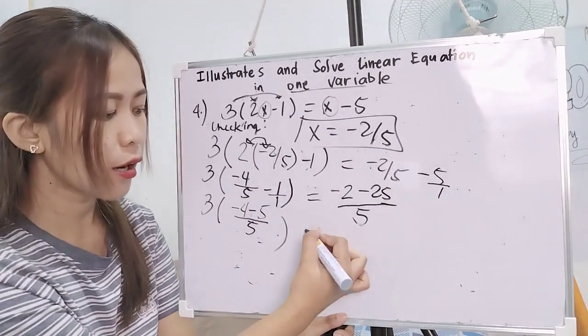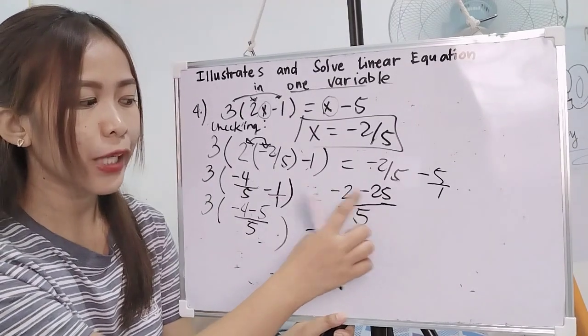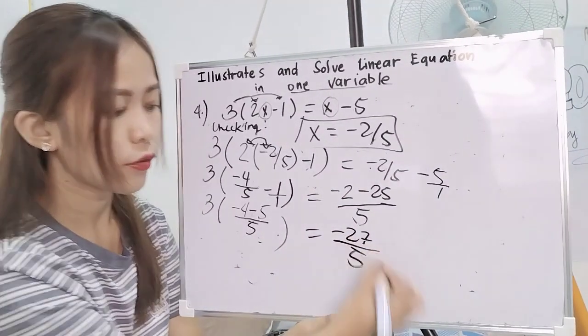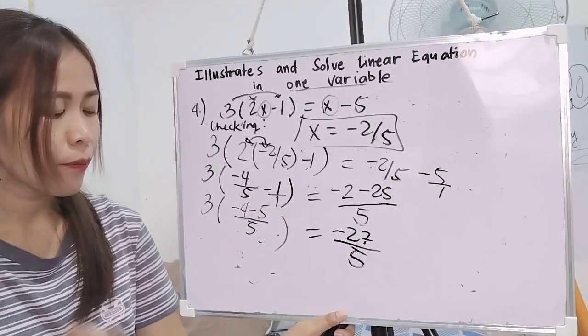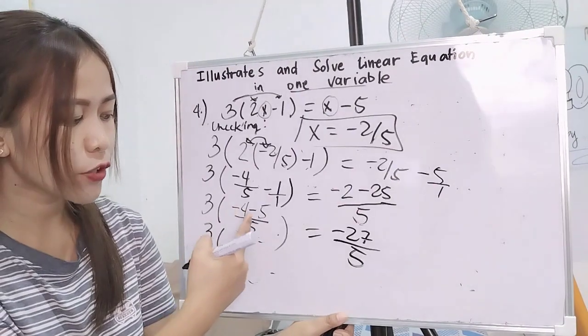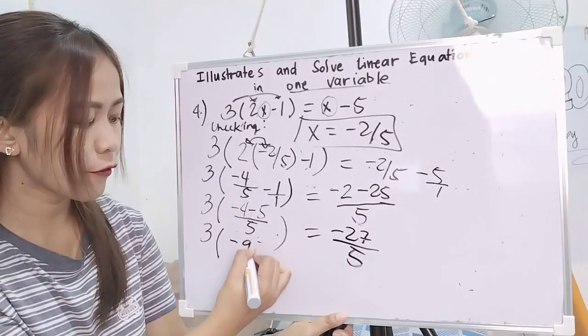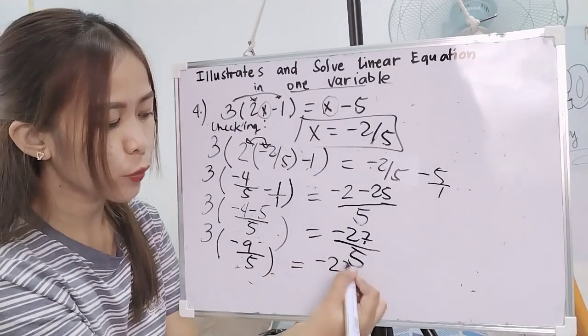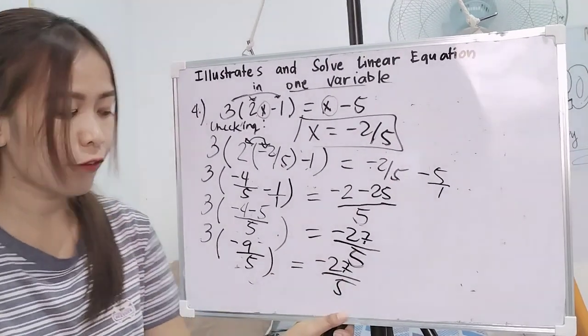Okay, and then we have negative 2 minus 25, that is negative 27 over 5. Okay, and then ito, simplify lang ulit natin. Negative 4 minus 5, that is negative 9 over 5 equals negative 27 over 5.